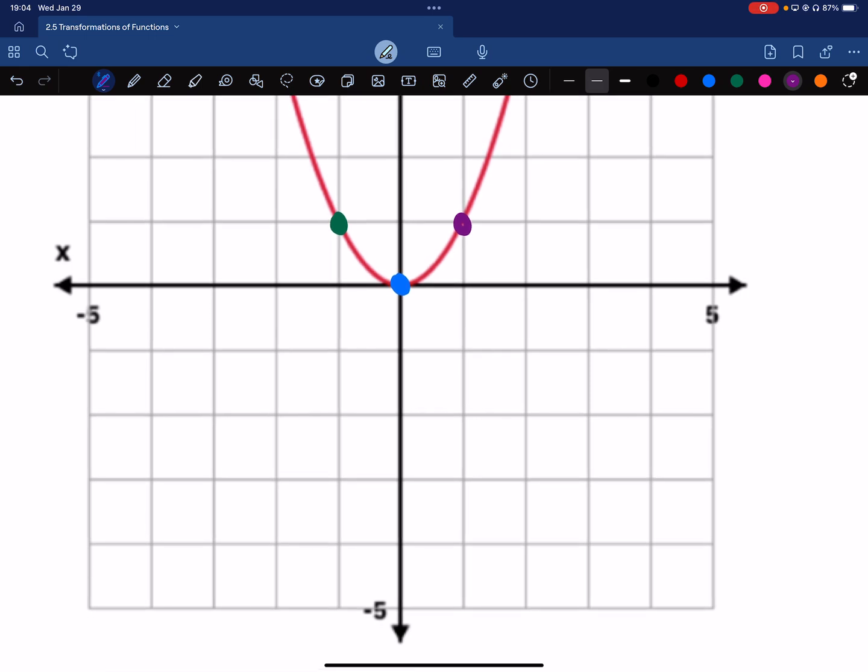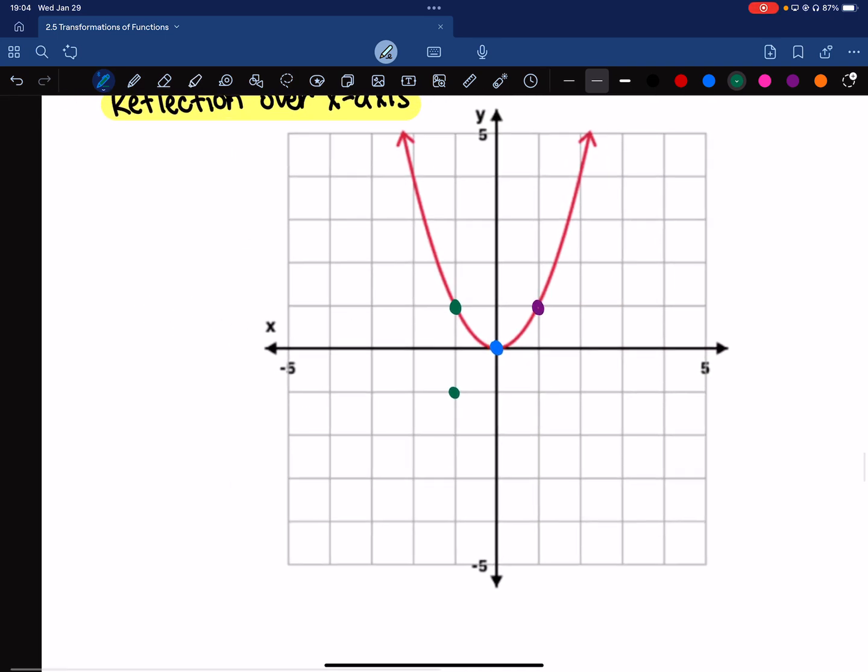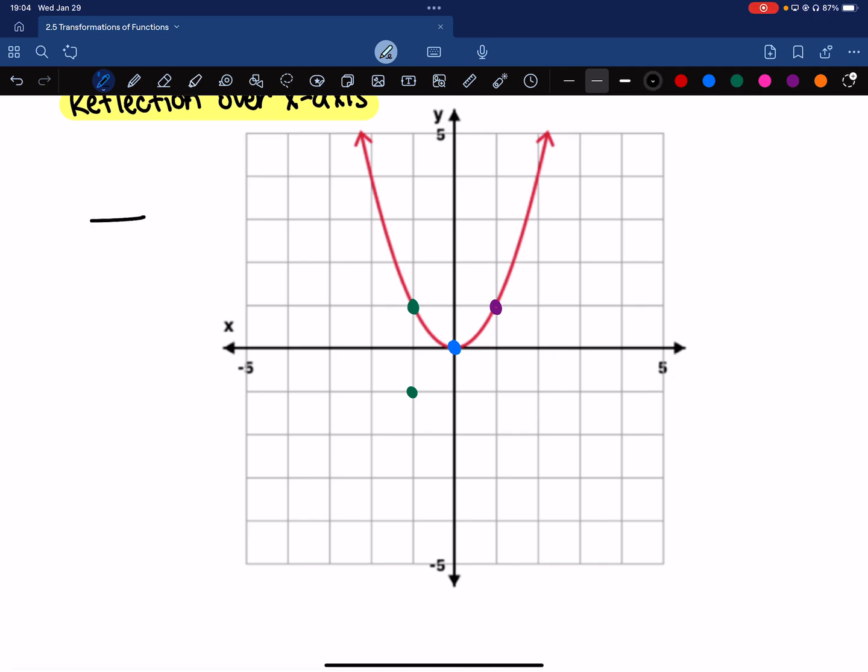To get the reflection, all you're going to do is change your y values to be negative. So at this point right here, at negative 1, 1, that y value is going to change to a negative. And so you get negative 1, negative 1. Okay, so maybe we can also make a table that just shows the values so you can see.